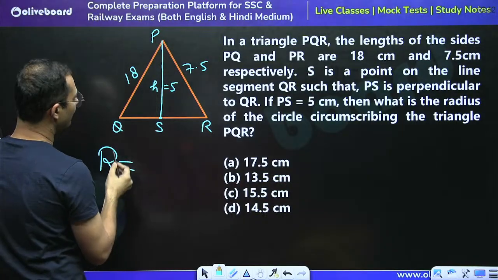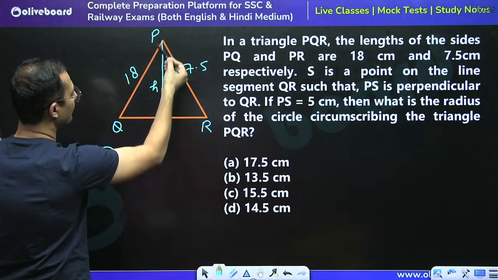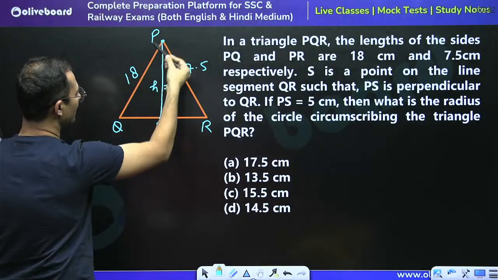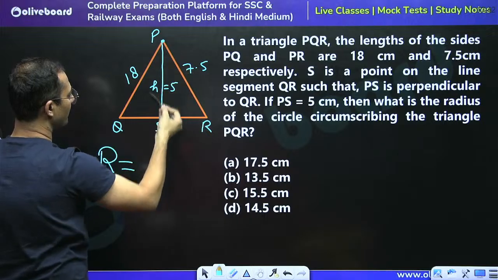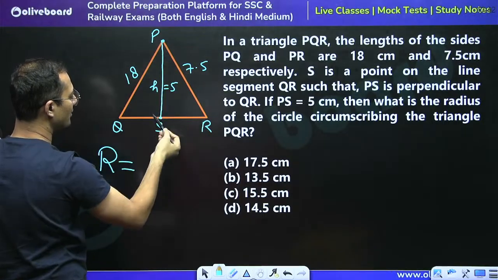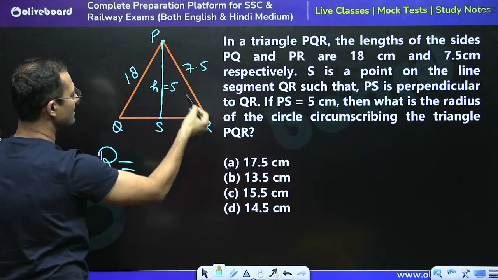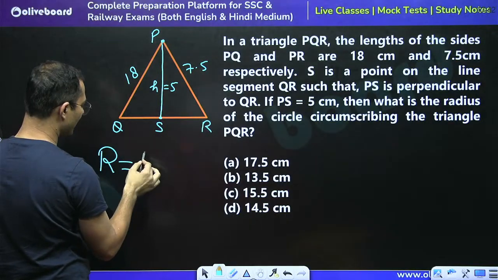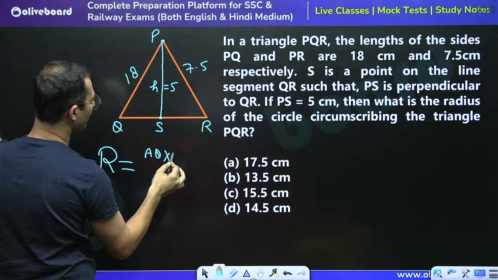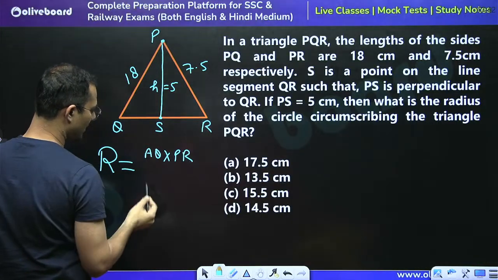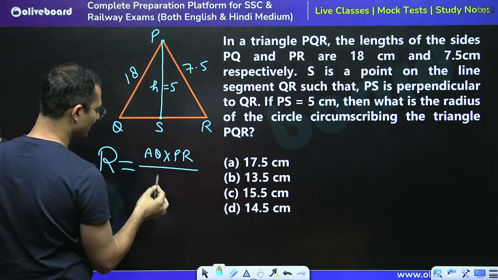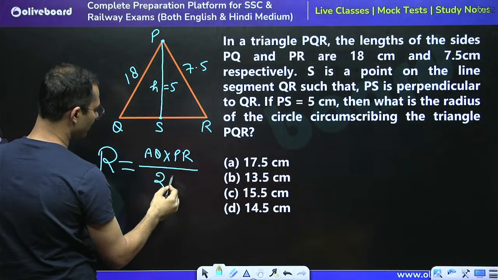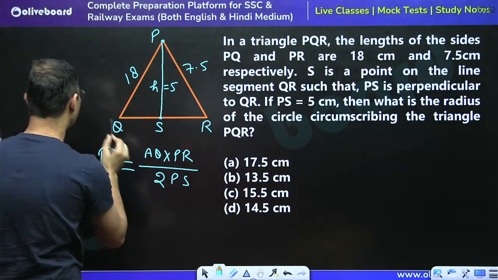Whenever we draw a perpendicular from a vertex, take the product of the lengths of the two sides from that vertex, PQ into PR, and divide it by twice the height drawn from the same vertex, PS.